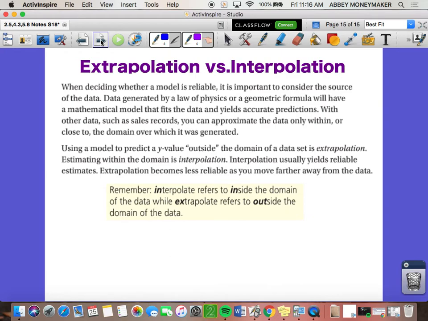Interpolation. What does that refer to? A number inside the table. Okay? So when is it most accurate? Interpolation, yeah. All right, we are done with part 2. If you have any questions, let me know.